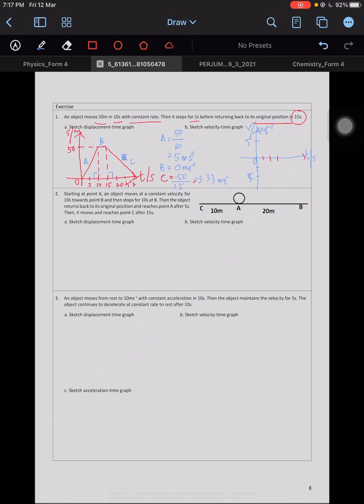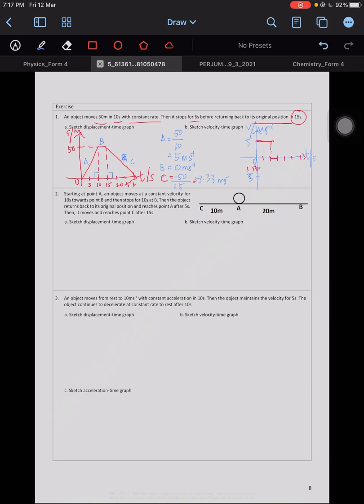So 5, 10, 15, 20, 25, 30. So for the first, this is your line. Second 5 seconds, then third over here negative 3.33.